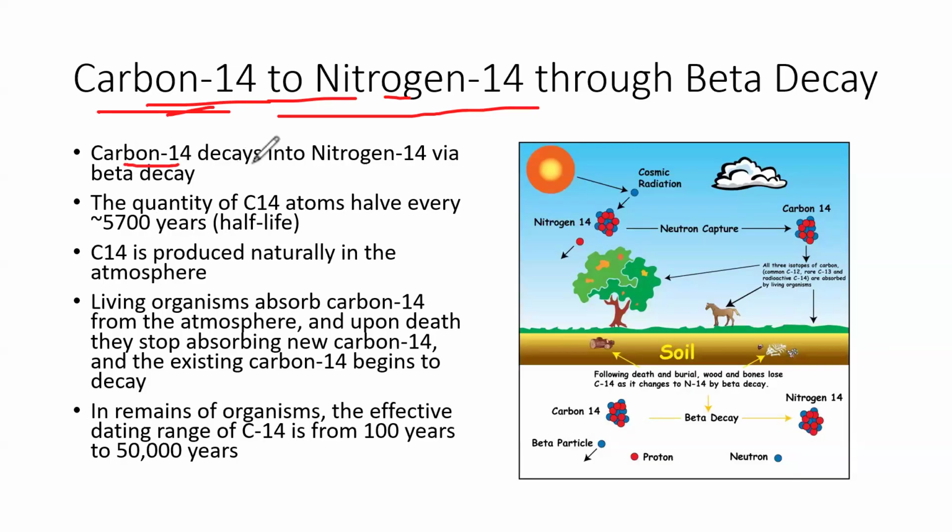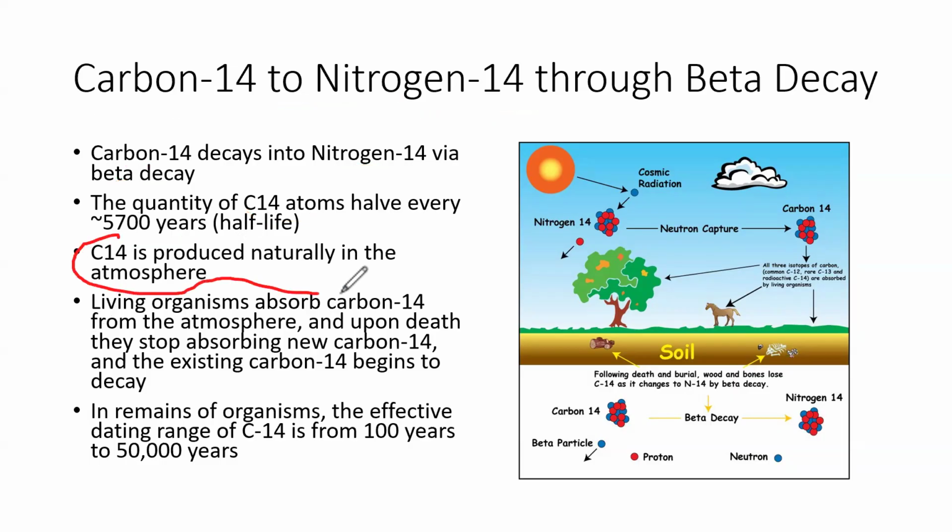So carbon-14 decays into nitrogen via beta decay, and C14 has a half-life of 5,700 years. First, nitrogen. Where can we find it?